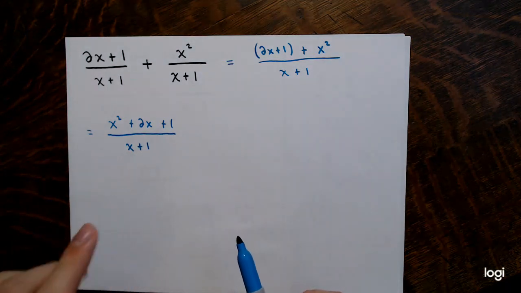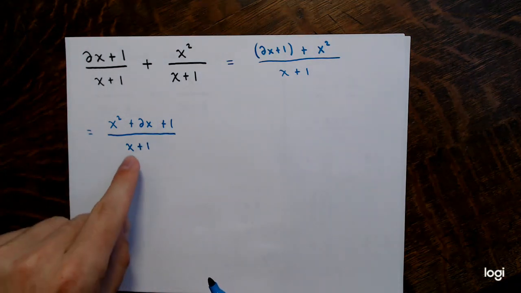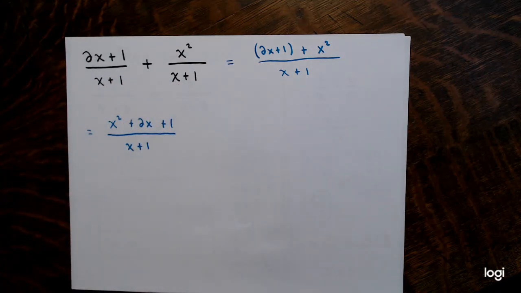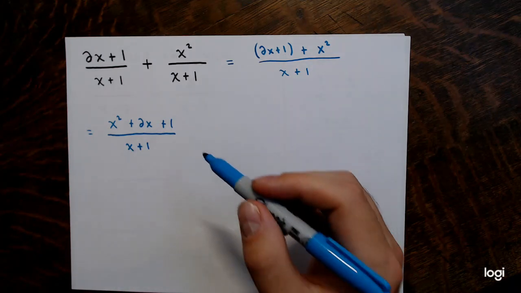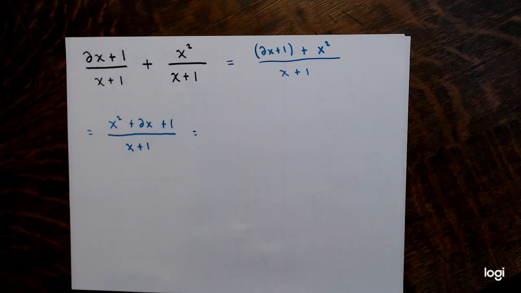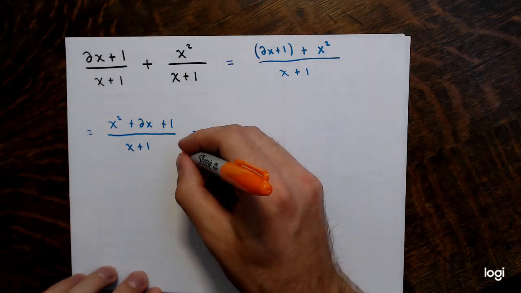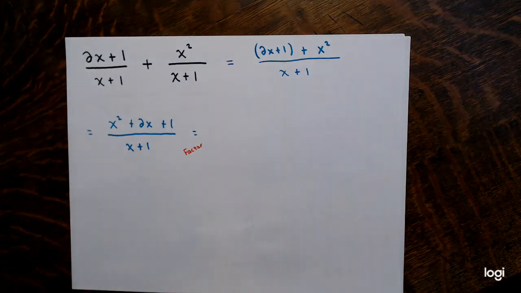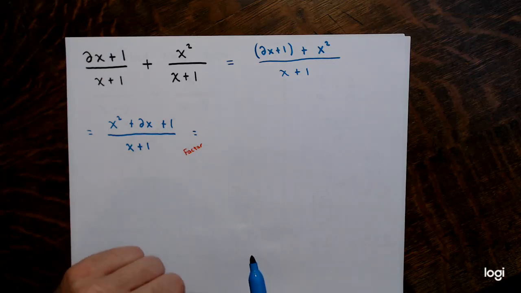And this is the sum of these two fractions. It just might not be simplified. So here's where the factoring comes in. Let's simplify. So I'm going to factor, and again I've put up videos on simplifying rational expressions. You want to look for those or find some better ones out there, or read your book.